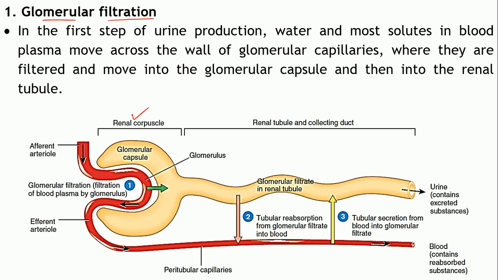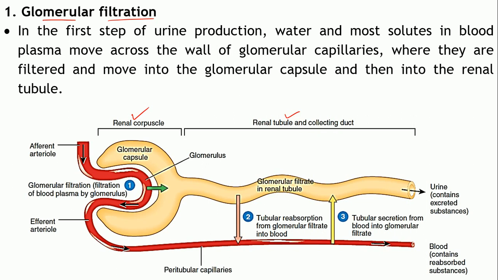Renal corpuscles and the renal tubules and collecting ducts. But is it the actual structure of your nephron? Yes, is it? The nephron, does it look like this? No, it is not. This particular picture is just a representative picture to depict the different processes which are involved at different levels.